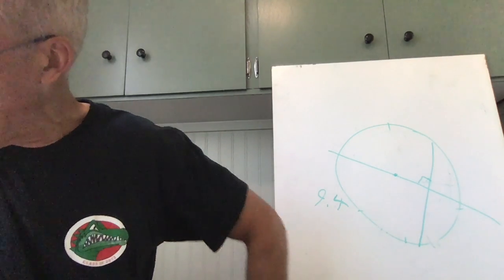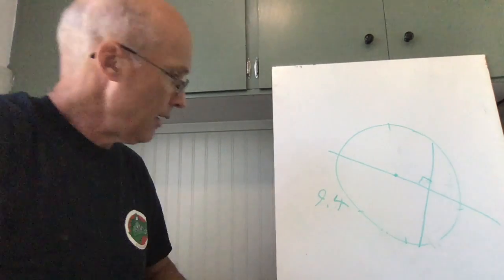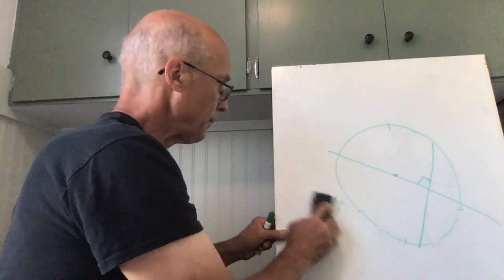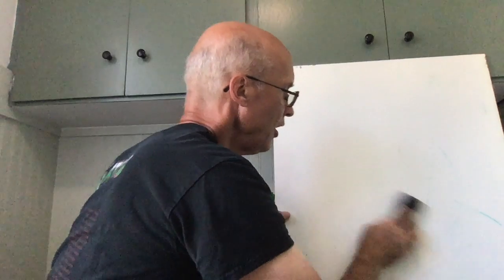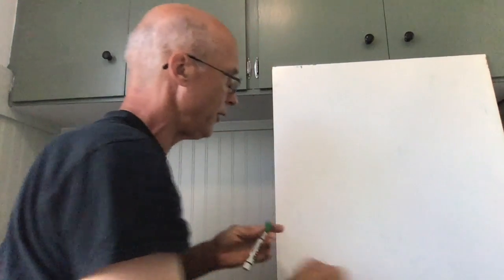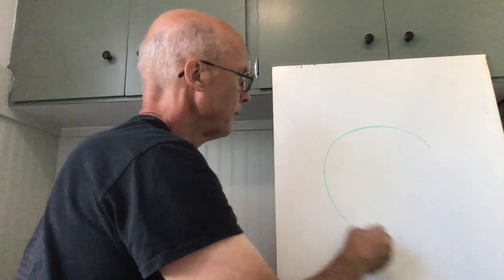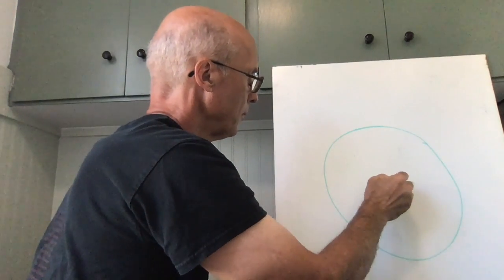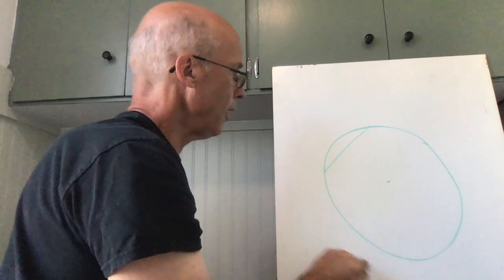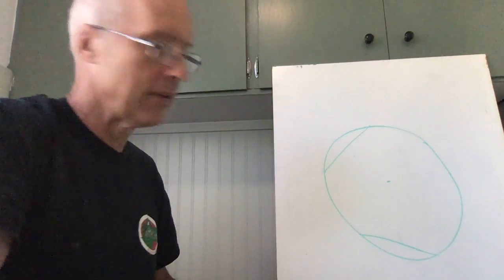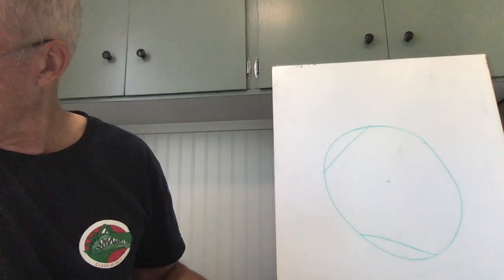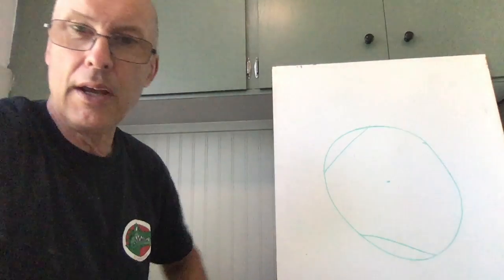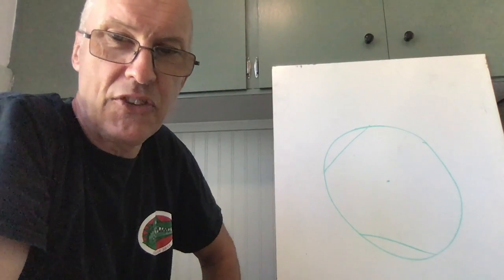It's 9.5. 9.5 says that you can tell two chords are congruent, that chord and that chord, if and only if they're equidistant from the center.